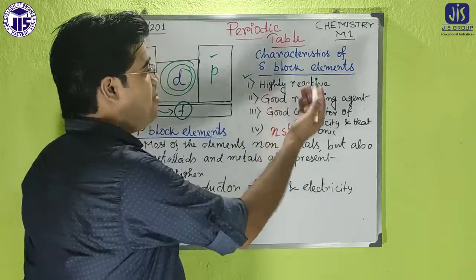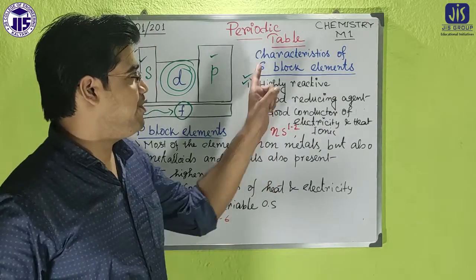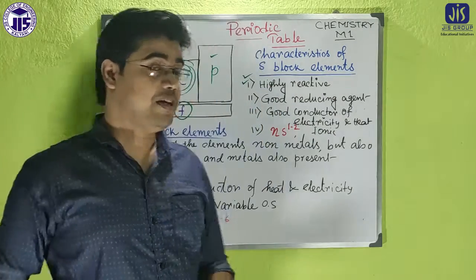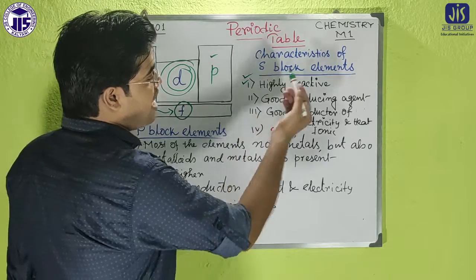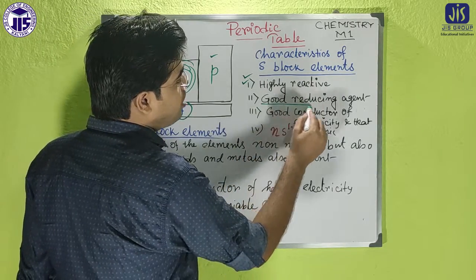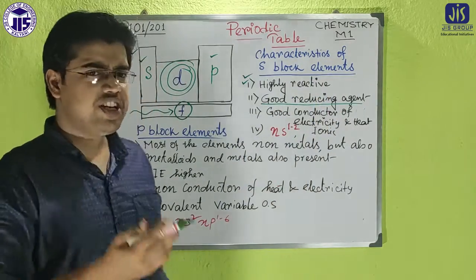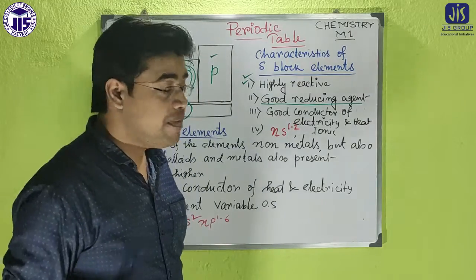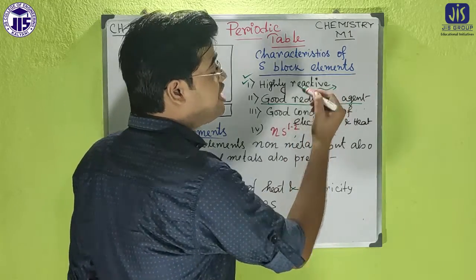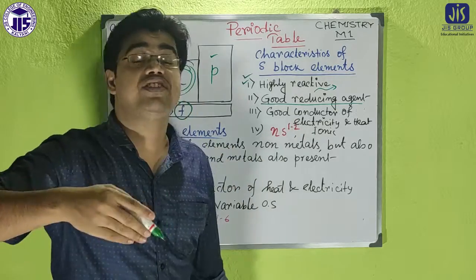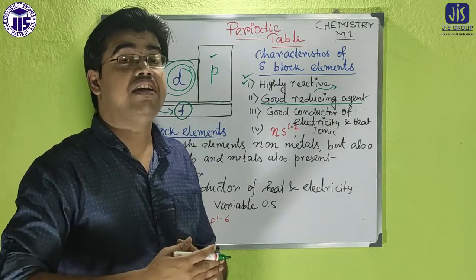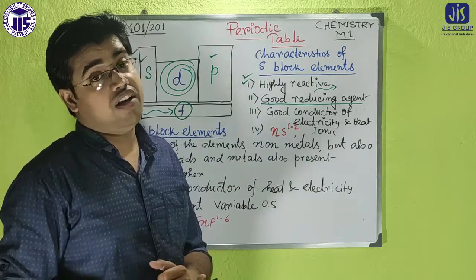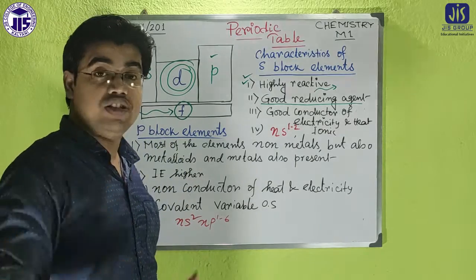All the S block elements are very reactive. They are also good reducing agents. What is the meaning of reducing agent? It means they can be easily oxidized, and they can easily reduce other elements.